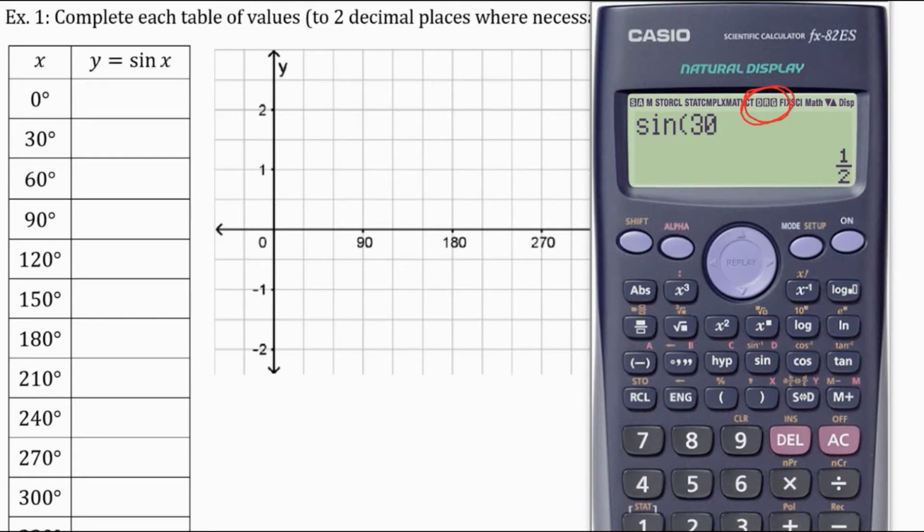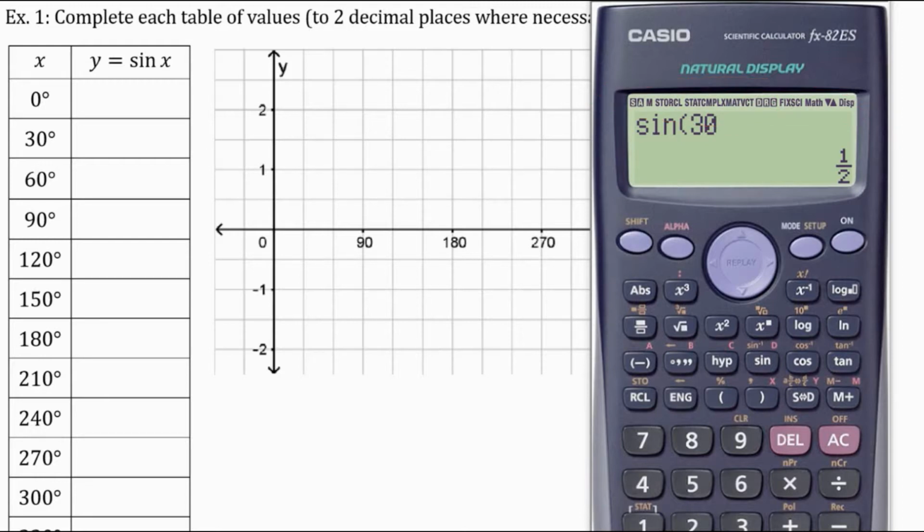Sometimes it's DEG and then RAD and then GRA, or GRAD. So sometimes it's 3 letters and it cycles through them. On this calculator, it's either a D, an R, or a G. On the computer calculator that I use, it doesn't show that. It just shows all of the stuff, unfortunately, at the top all the time, okay?